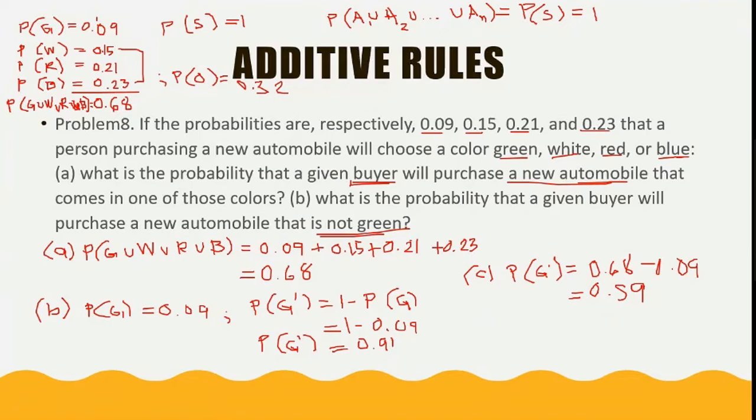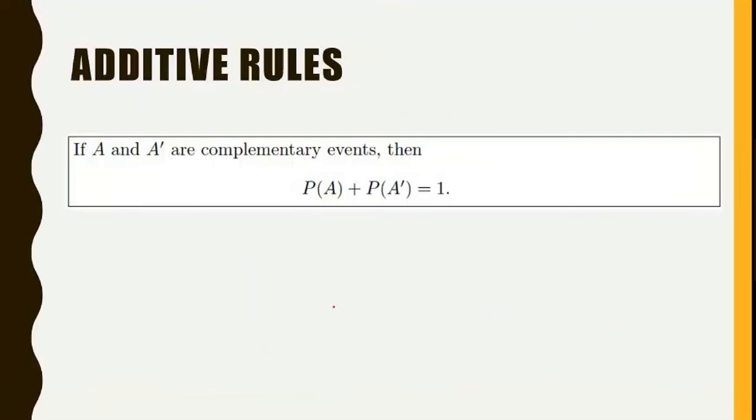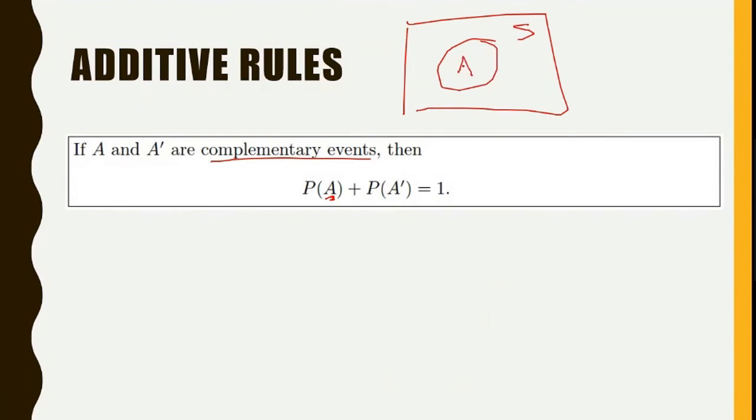Again, I have told you that the B here is presented in the next slide, and this is about complementary events. If you have an event in the universal set, say you have set A or event A, those outcomes which are not part of A are the complement of A. So this one here is the complement of A. If we add the probabilities of the two, the result is 1.